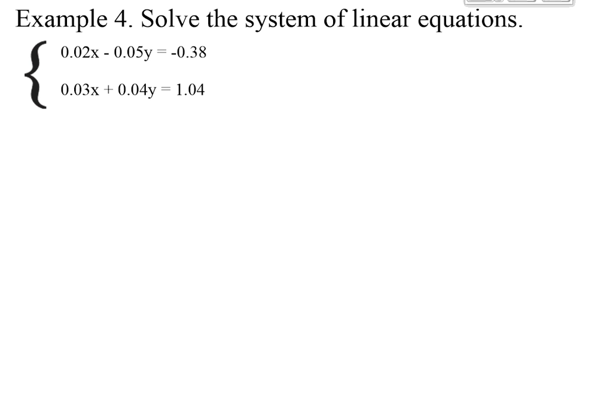So 0.02x minus 0.05y equals negative 0.38, and then 0.03x plus 0.04y equals 1.04. I will ask for this example that you write that down just so that you knew what it started as. But does anybody have an easy way to make this much more attractive?